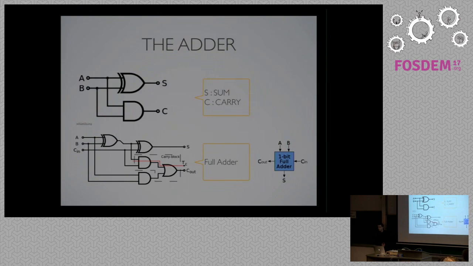So I would say a half adder is a simple adder and the carry. The carry is 1 only if both inputs are 1. And if you want to be a little bit more complete, you can design a full adder with an input carry and output carry. So it becomes a little bit complex.